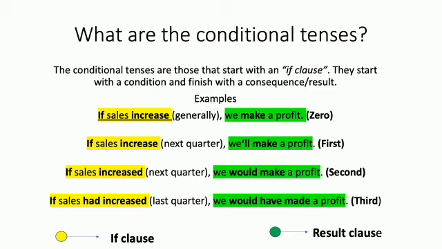Here we are talking about last quarter, and you will see each conditional type in detail. Here we have those highlighted in yellow: it is the if clause, and the other one is the result clause.